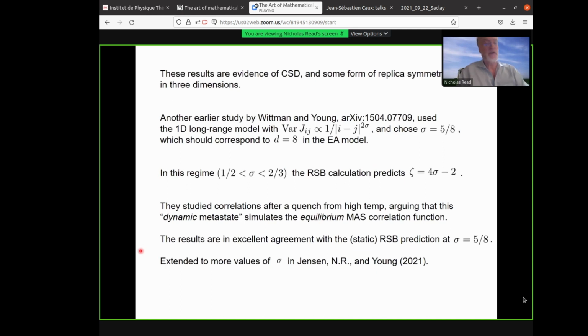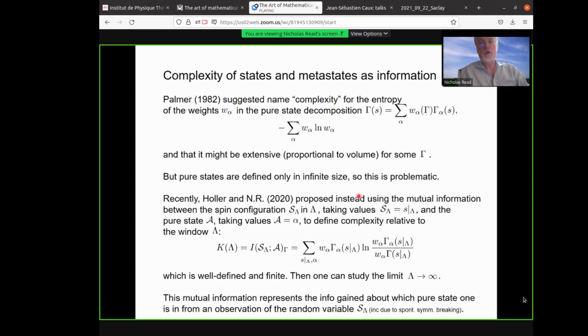Some other calculations, which I got into myself recently and extended, however involve dynamics, and here one can actually check a whole function for different values corresponding to dimension of space in a long-range one-dimensional model. This gives very good agreement with the theoretical formula in the region where the exponents at criticality would be the mean field values.